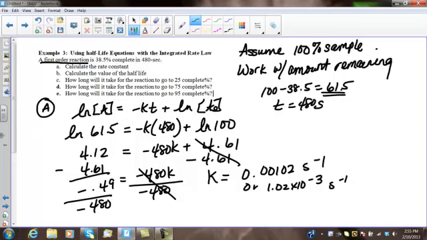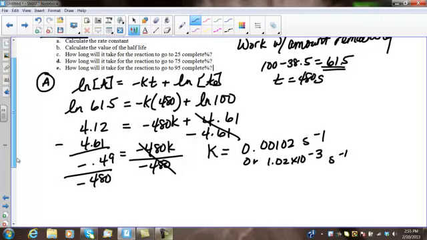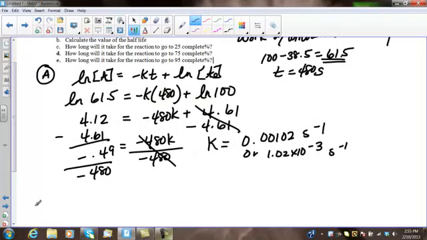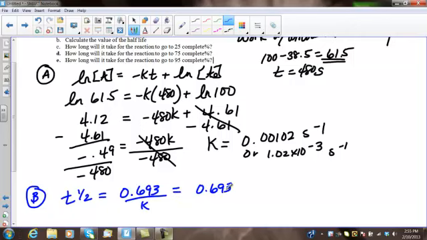So we have part A. Now we need to calculate the half-life. We know that the formula for a first order reaction for half-life is t to the 1/2 equals 0.693 over k. So that's going to be equal to 0.693 divided by the constant 1.02 times 10 to the minus 3. And this is going to be 679.4 seconds.